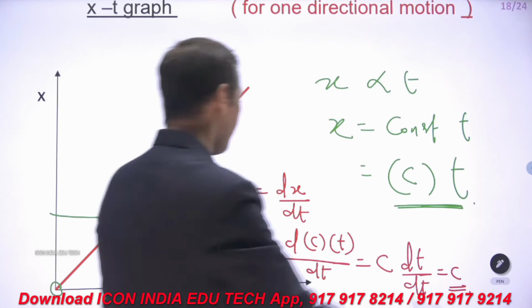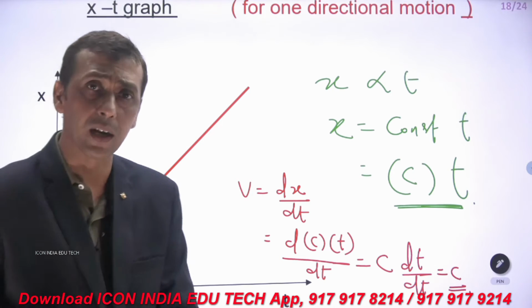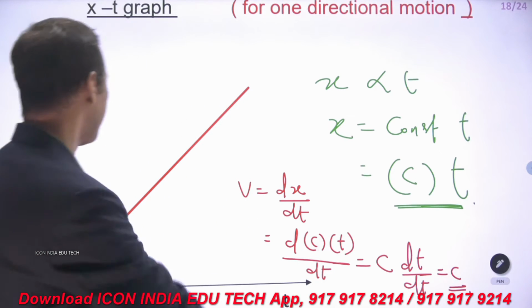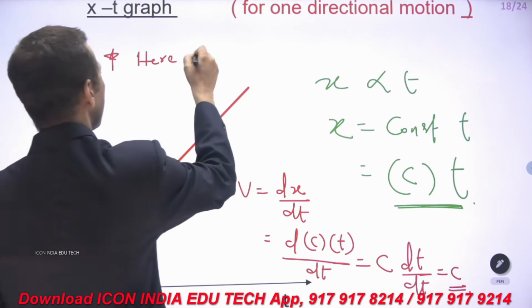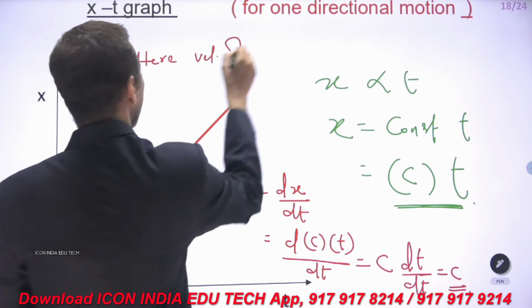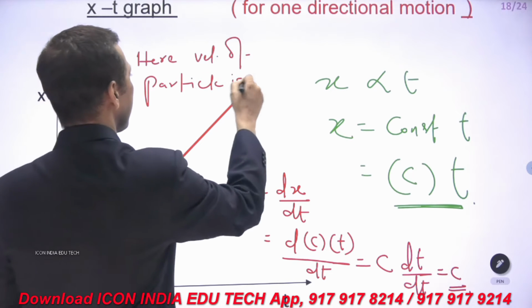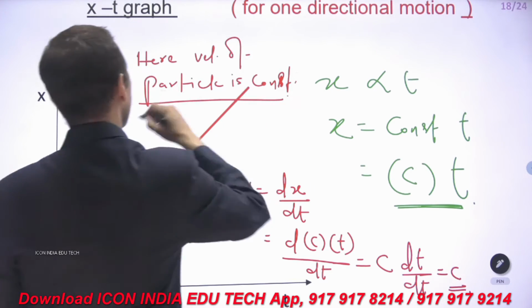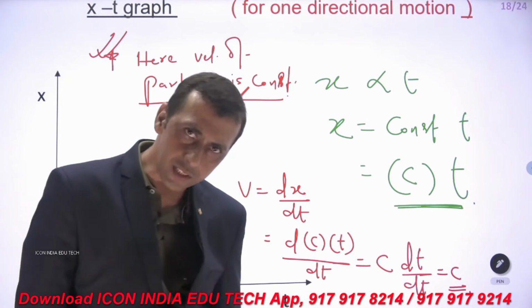So this is velocity of particle, and we can say that velocity of particle is constant. Particle moves along positive x direction with a constant velocity in this particular example.